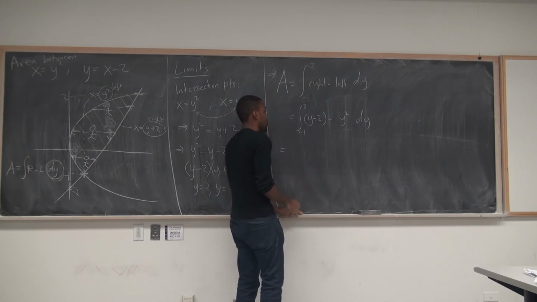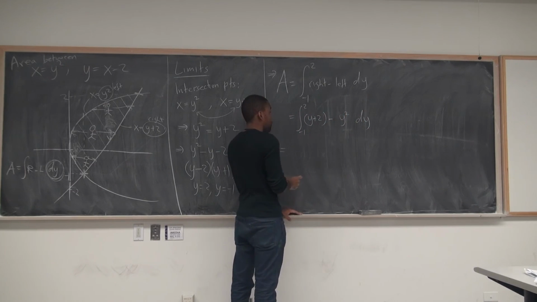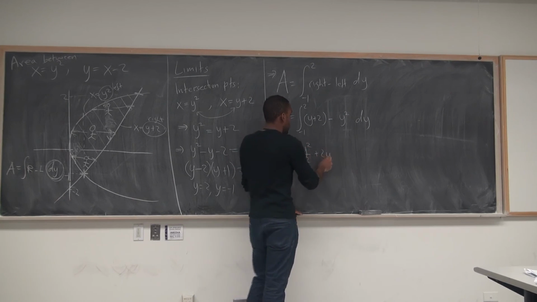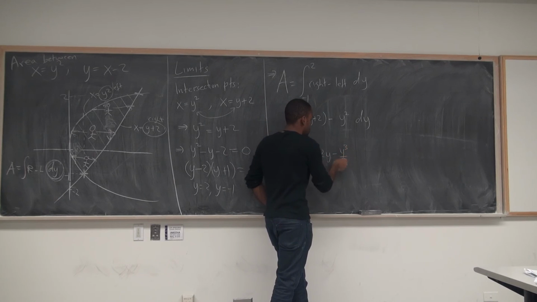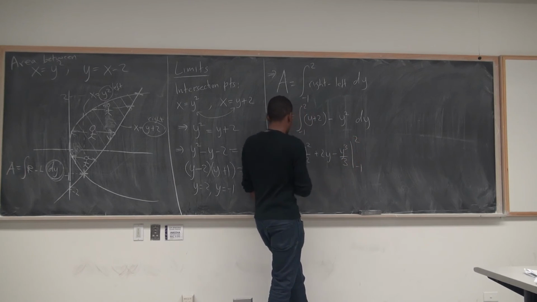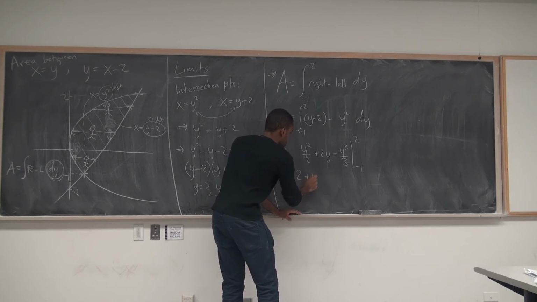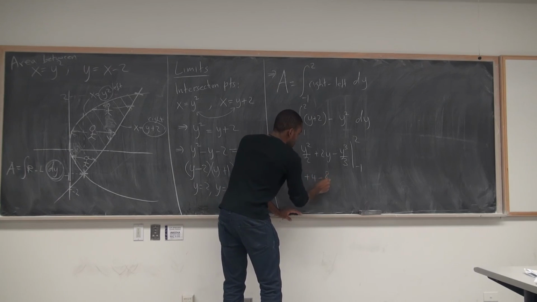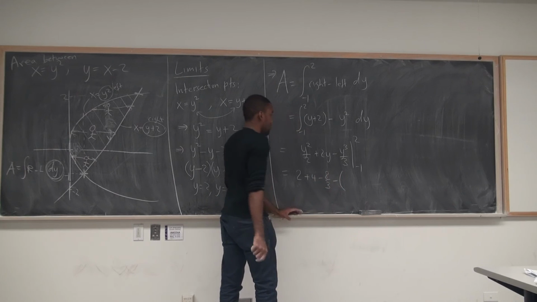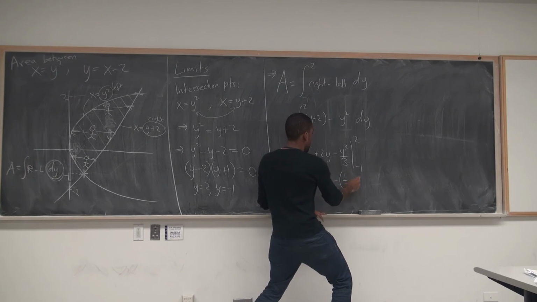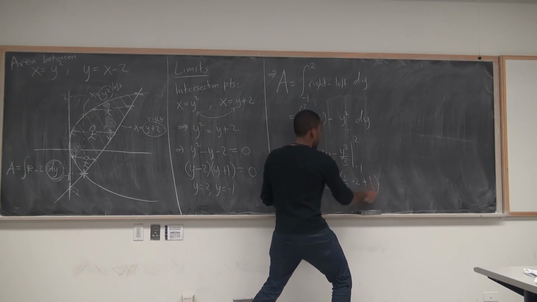How do I integrate that? Easy: y squared over 2 plus 2y minus y cubed over 3, between minus 1 and 2. If I plug in 2, I get 2 plus 4 minus 8 over 3, minus, if I plug in minus 1, I get 1/2 minus 2 plus 1/3.